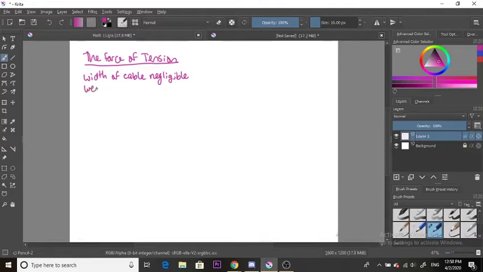The weight of the cable is also negligible compared to the masses that we would be dealing with. And we assume that it does not stretch.